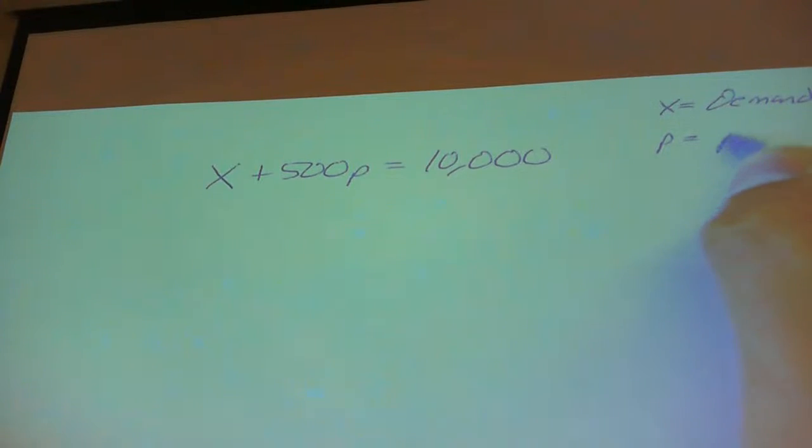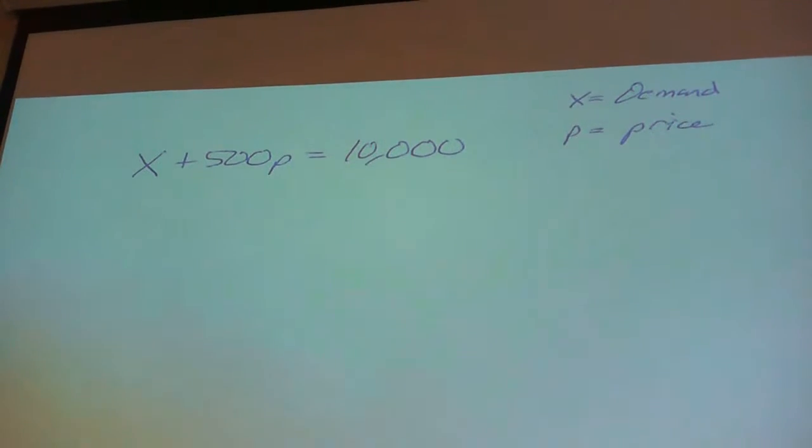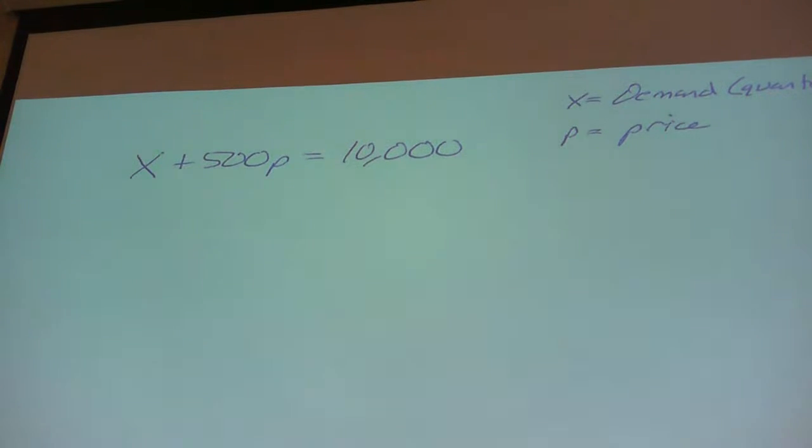Now, let me add just a little bit. When I say demand, what does demand mean? Demand means how much people want it. Demand is a quantity. If I sell it at this price, 100 people want it. If I sell it at this price, 80 people want it. So it's technically quantity demanded.